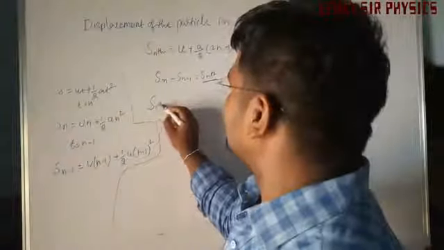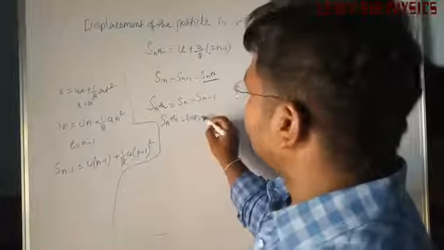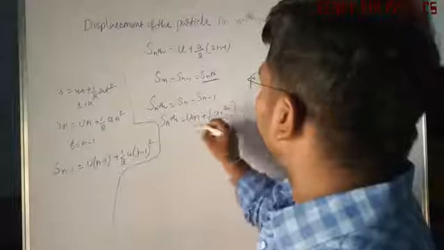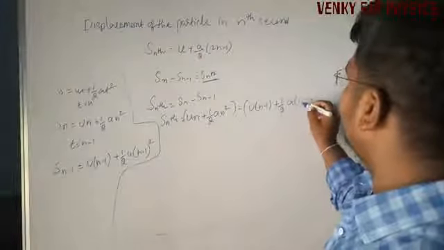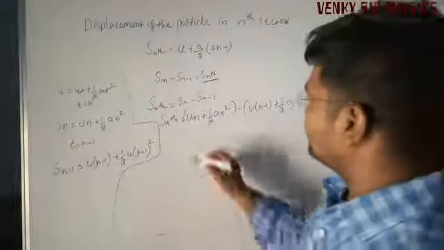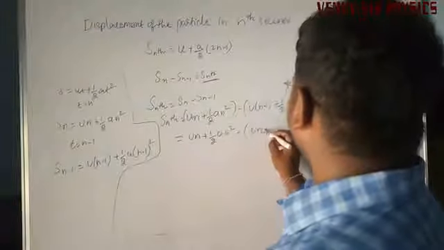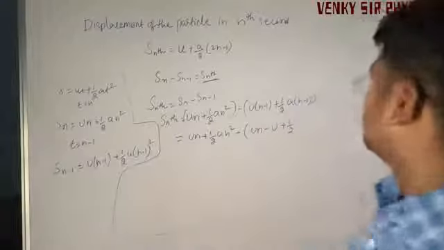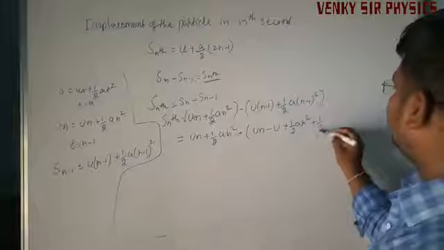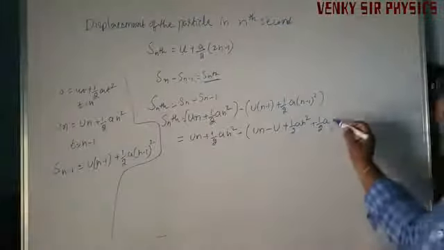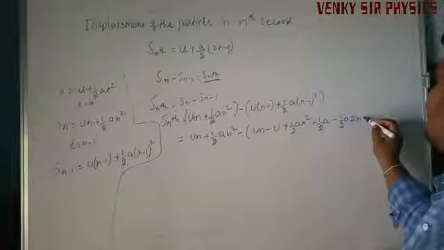S nth is equal to sn minus sn minus 1, that is un plus 1 by 2 an square minus u into n minus 1 plus 1 by 2 a into n minus 1 whole square. That is equal to un plus 1 by 2 an square minus un plus u minus 1 by 2 an square plus 1 by 2 a 2 into n into 1.